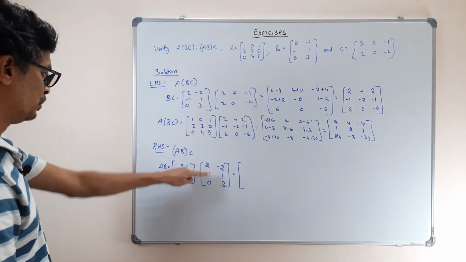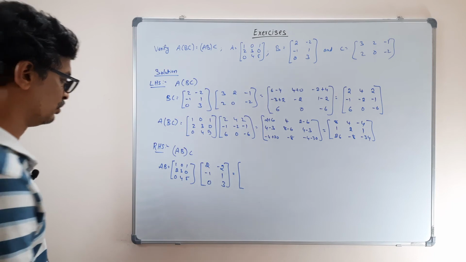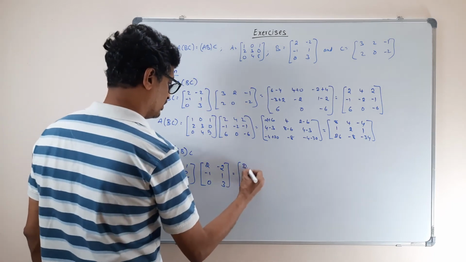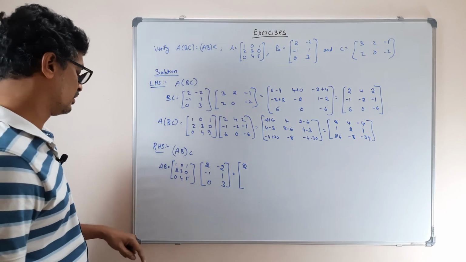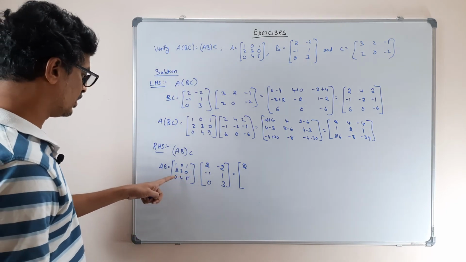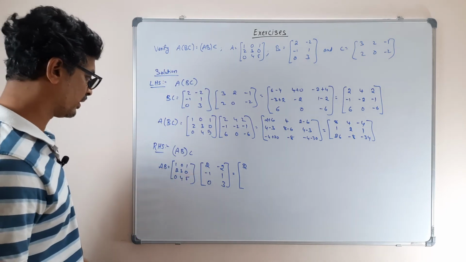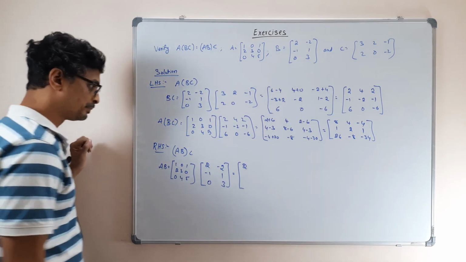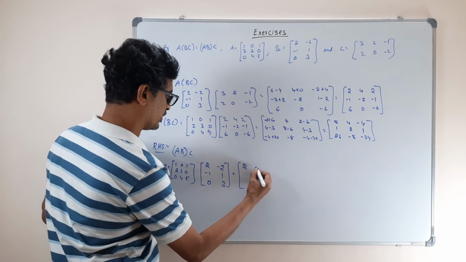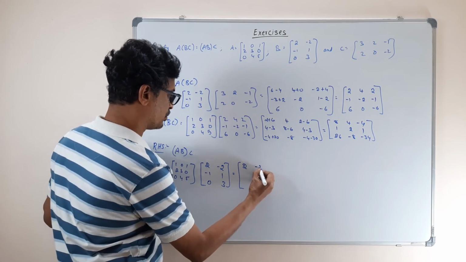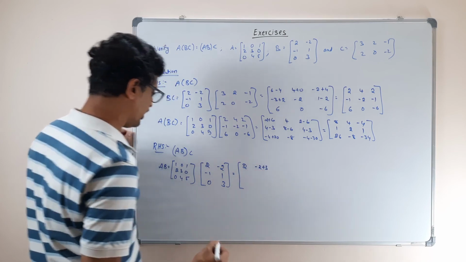2. Only 2, correct. And then minus 2 plus 3. So the result will be a 3 cross 2 matrix, right? Minus 2 plus 3, that's it, right?